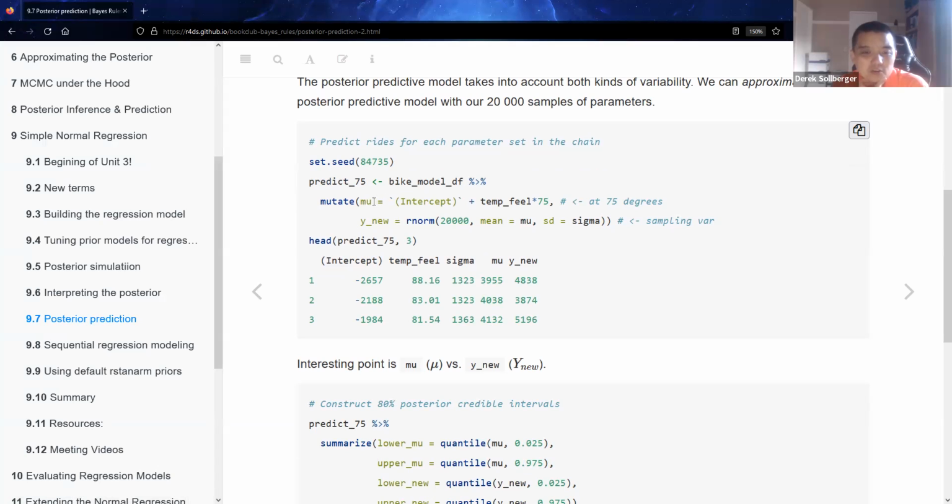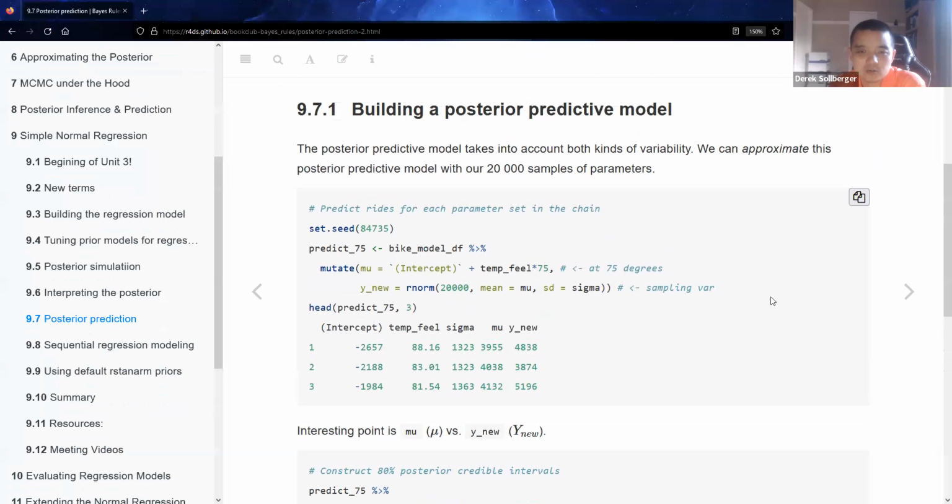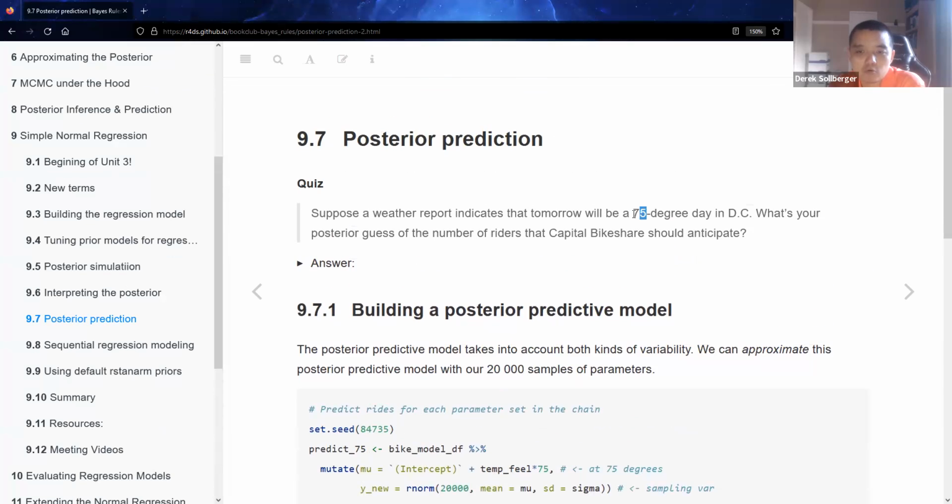And then from there, once we have a mu and sigma, we could simulate the sampling variance. That is, there might still be some noise in the data, or said more practically, even if we had multiple 75-degree weather days, there could still be a different number of bicyclists who use this Capital Bikeshare program.